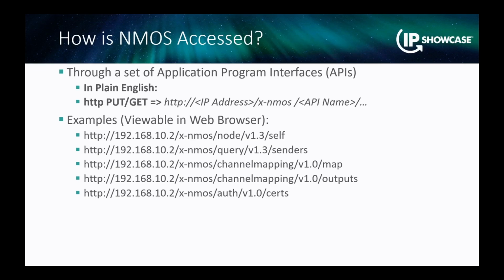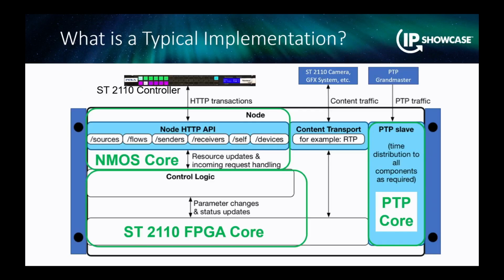You can do it from the command line if you like, using a command called curl that you can type on the command line in most Linux and Windows-based systems. You can also go into your web browser and browse directly to the x-nmos resource names, and see, has this device shown up on my network? Is it in the registry? You can learn a little bit about it. So it's a pretty simple way to access it.